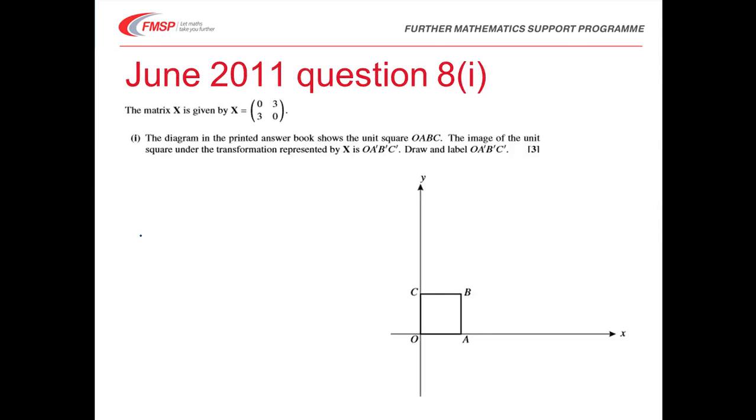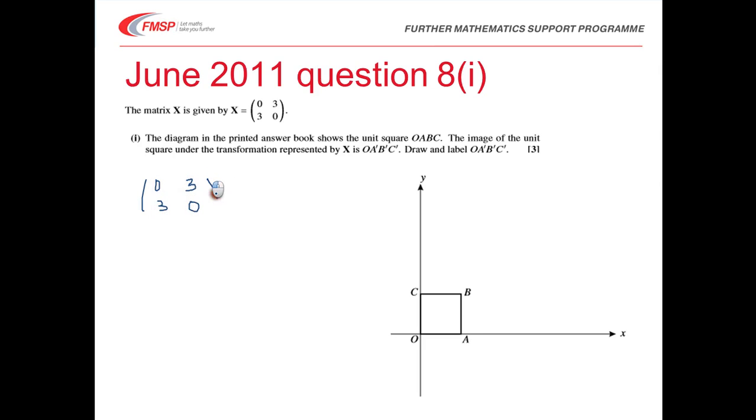So, the first part. So we have a matrix, as I say, 0, 3, 3, 0, and we want to find the image of the unit square. So we'll write down, this is our transformation matrix.